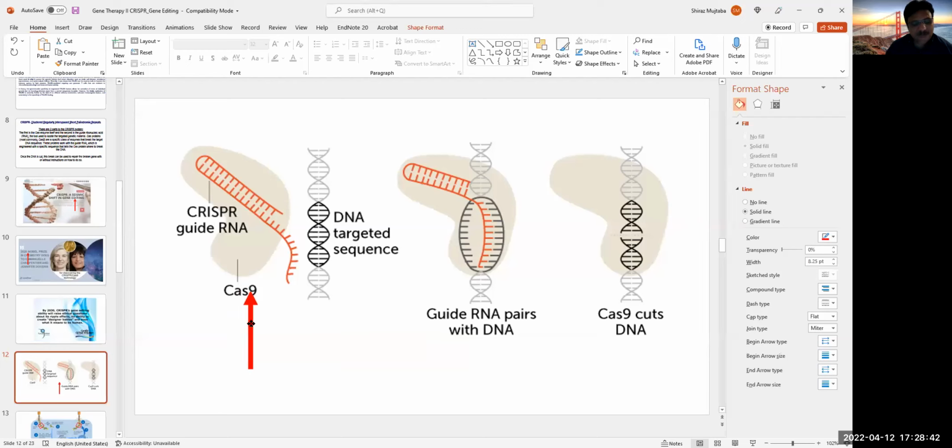It digests the DNA, and it can also bind to a special RNA that is called guide RNA, right? So please remember this protein here, Cas9. It has a nuclease activity, mainly targeting DNA. It can bind to RNA, and this RNA is called guide RNA.